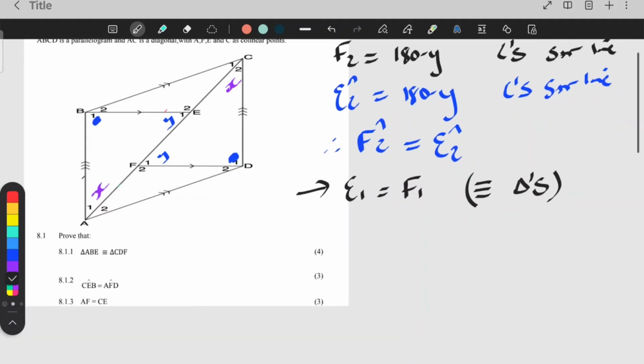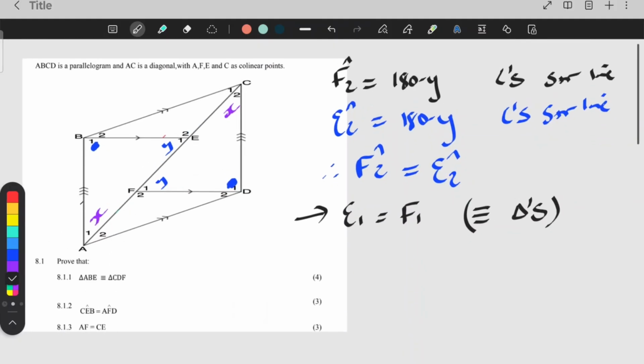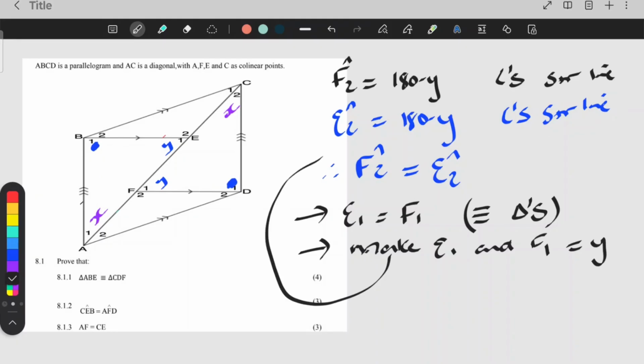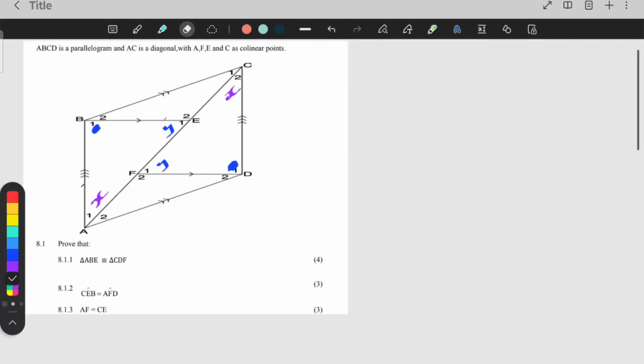I explained this before, but if you want to write this out, you can start like this. Then you say, let's make E1 and F1, because they are equal, let's make it y. So then you start. And then from there, you go into that. Okay, so now we prove that those two angles are the same. So I'm going to make this 180 minus y. And this one is also 180 minus y.